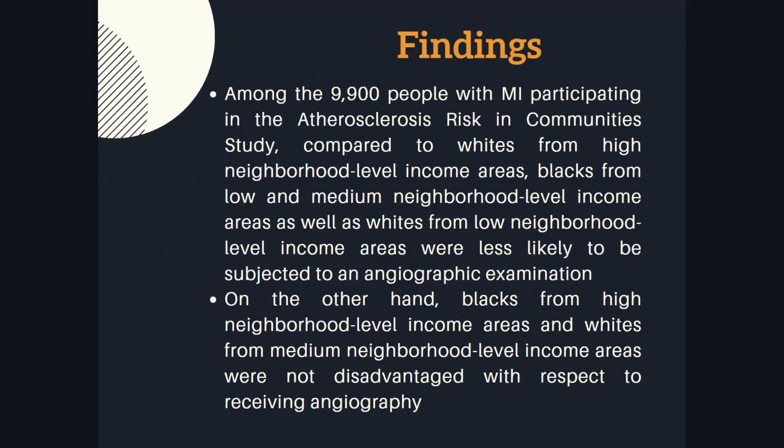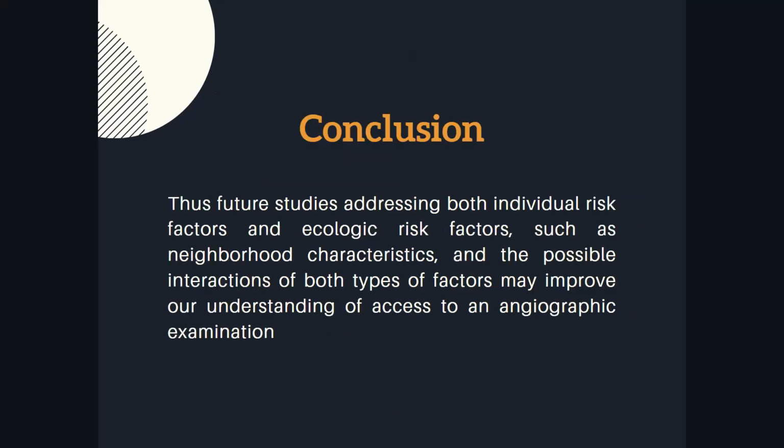Among the 9,900 people with myocardial infarction participating in the Atherosclerosis Risk in Communities study, compared to whites from high neighborhood-level income areas, blacks from low and medium neighborhood-level income areas, as well as whites from low neighborhood-level income areas, were less likely to be subjected to an angiographic examination. On the other hand, blacks from high neighborhood-level income areas and whites from medium neighborhood-level income areas were not disadvantaged with respect to receiving angiography.